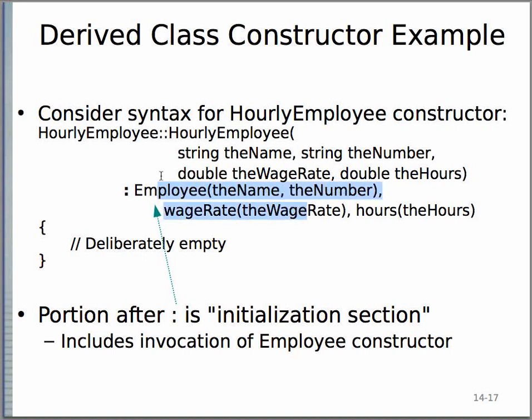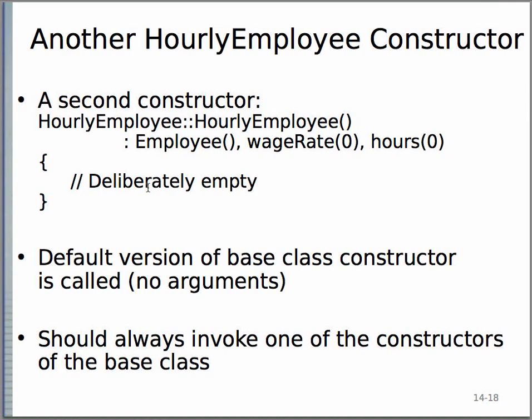Okay, so as before, this is just an initialization section which we've used before, and you can use the constructor of the superclass in the initialization section. It's a very nice thing to do because it does everything in the right order. So if for example you have data members like this that for whatever reason depend on some data members in the superclass, having this done first, which is what C++ will do, takes care of initializing this properly.